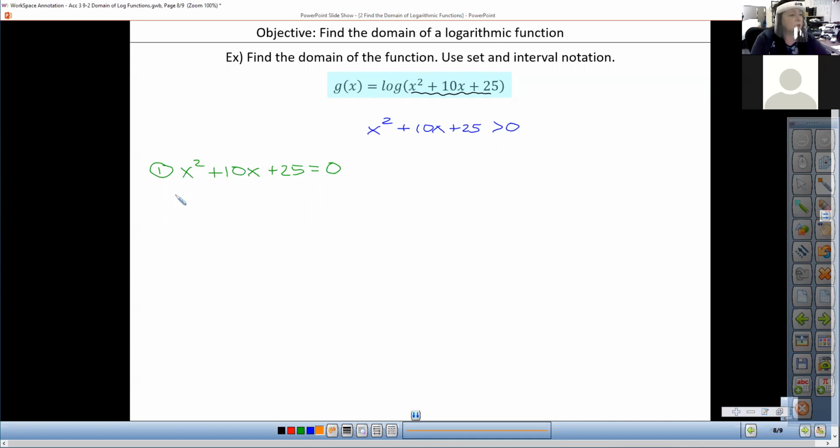Here, factoring does work, but something interesting happens with this particular trinomial. The binomials that we get are the same. They're both x plus 5. And so our zero product property gives us one x value that's repeated, an x value of -5.